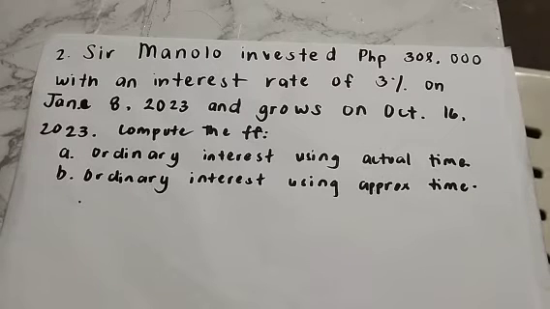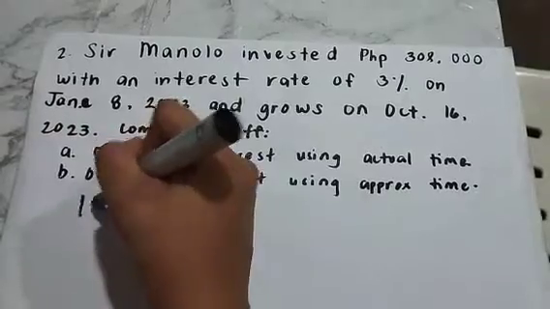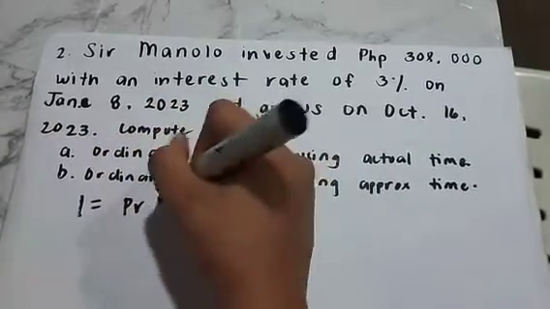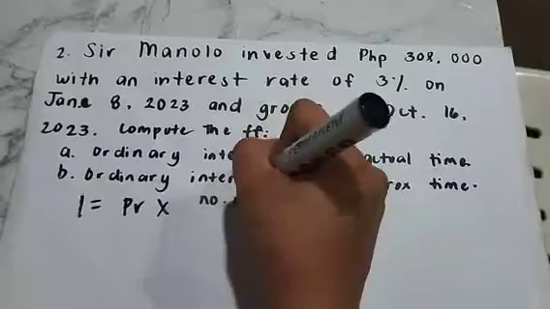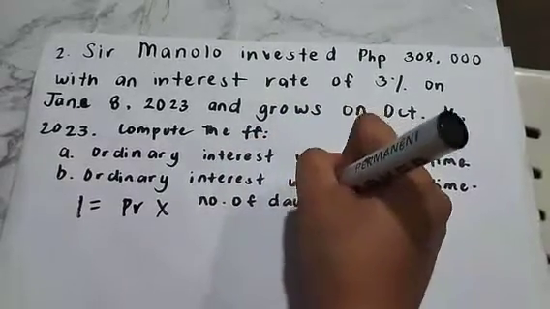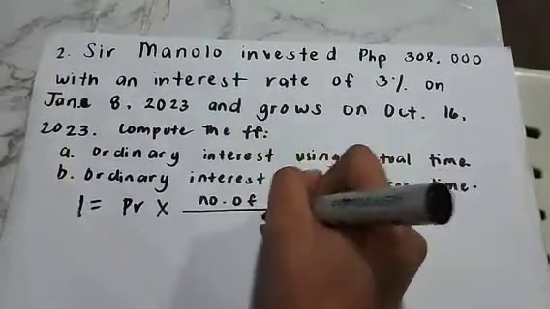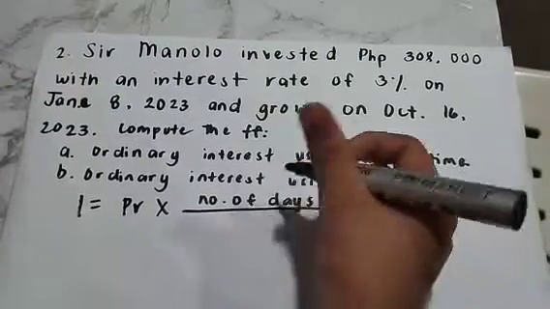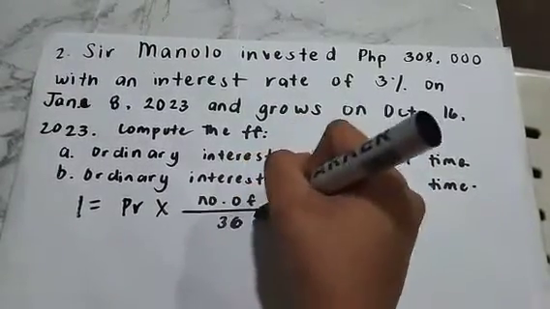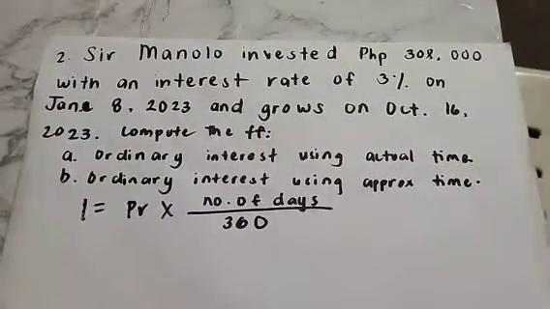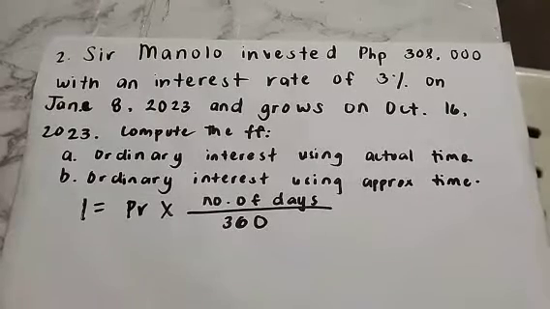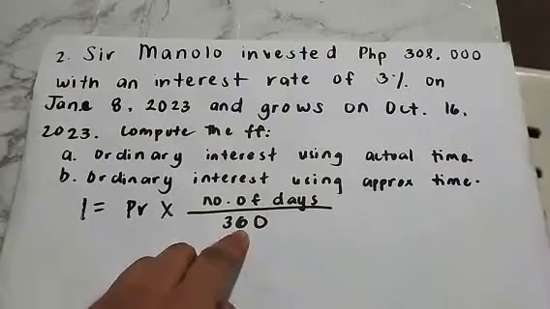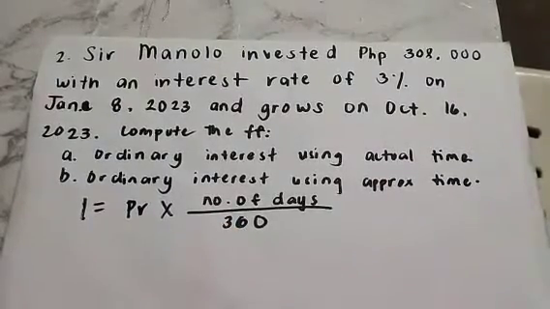So, sulat natin yung formula. I is equal to PR times number of days over fixed number of days na. So, 360 na, hindi na 365. Okay? So, see the difference? Halos same lang sila ng formula ni exact interest na iba lang sa exact number of days sa isang taon.